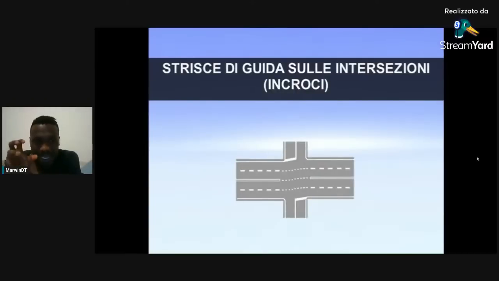Okay, how the lanes are being separated by the driving lines. Let's check out the main purpose of these lines.